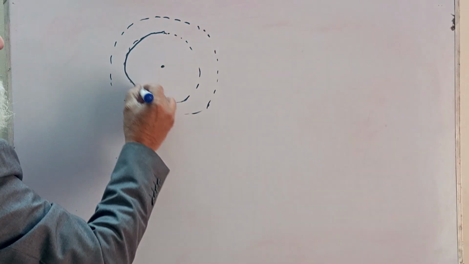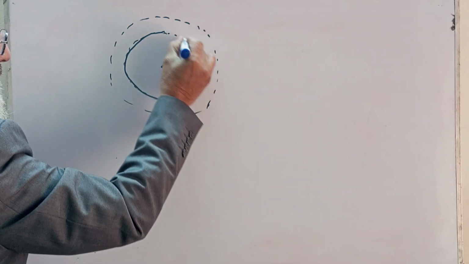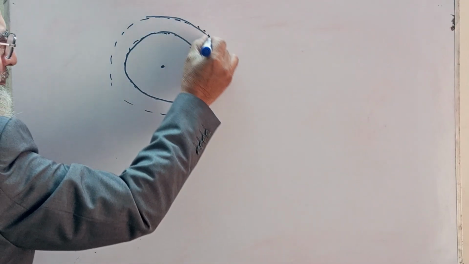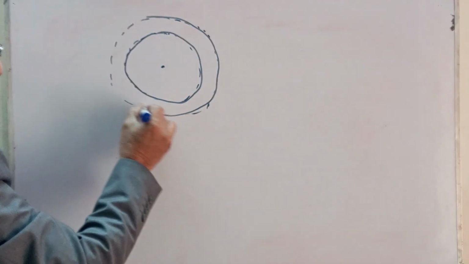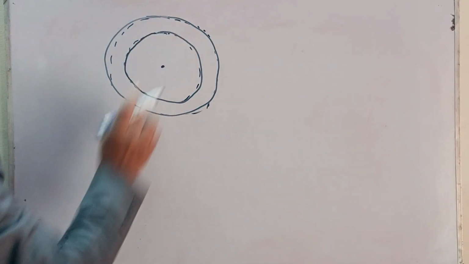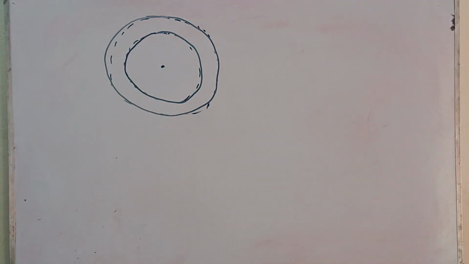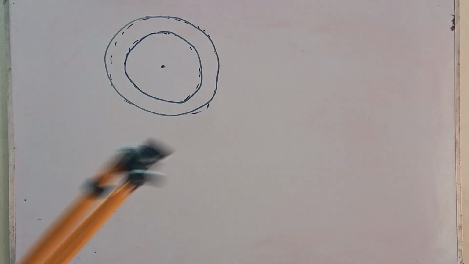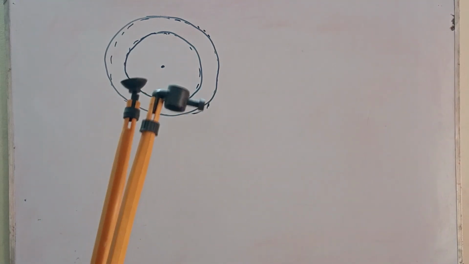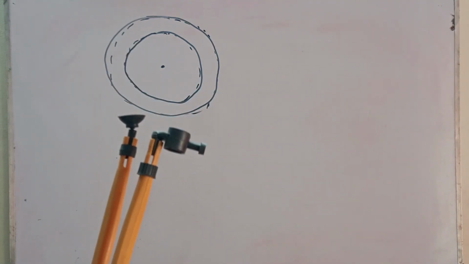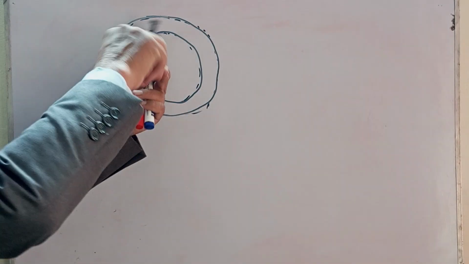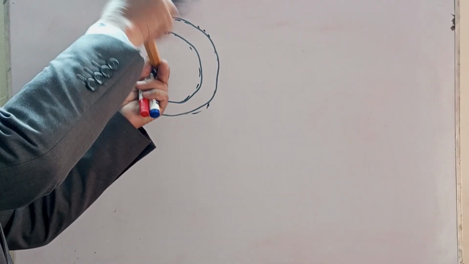Now let me make it a little darker, because it is all freehand. So maybe it is not so good. You can also draw it like this one, and with this second.